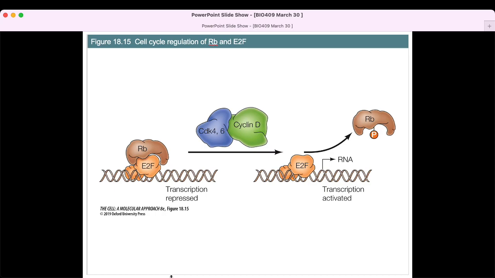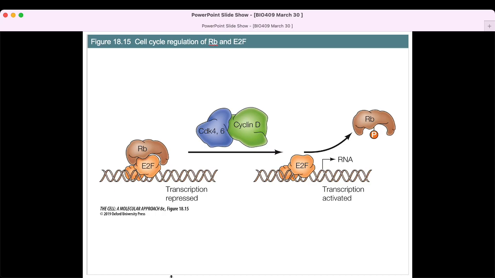And because of that, retinoblastoma can sometimes be found as a mutation in cancer, where if it's mutant, it's not doing its job, and E2F is just like, let's go. And the cell has a lot of DNA synthesis interest all the time, because it's got a lot of DNA polymerase and MCMs and a lot of nucleotides.